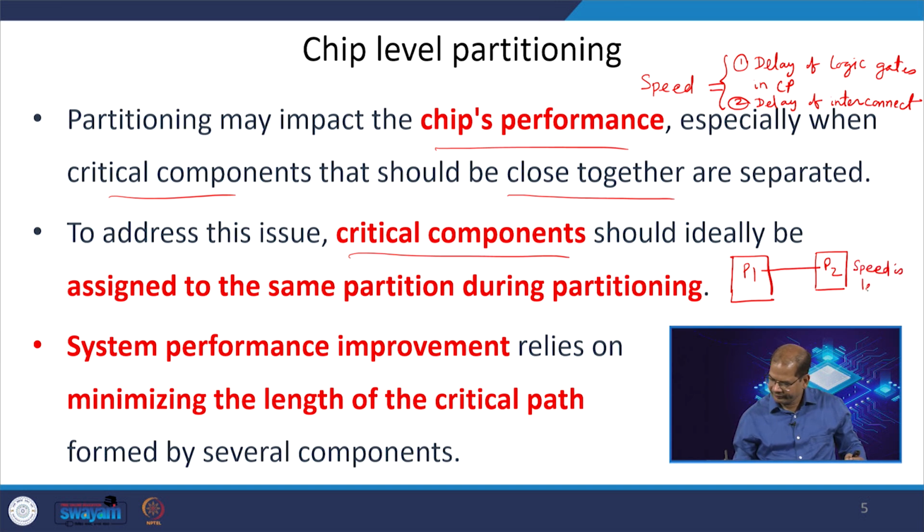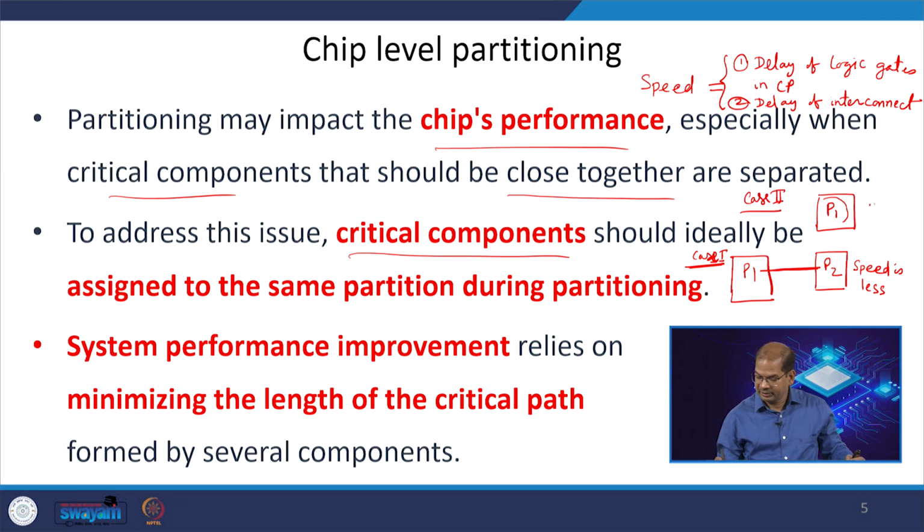Let us say this is case 1. So, if my critical component is in this line, what it is telling is that if you have a critical component, you should allow that critical component in a single partition, either P1 or P2. The critical component path should go inside P1 or P2. This is case 2.